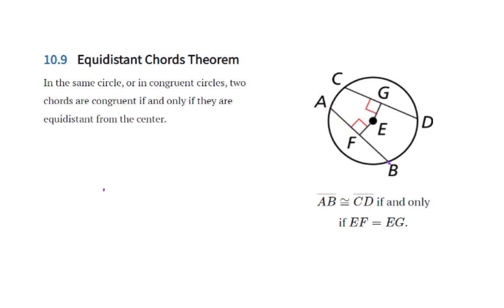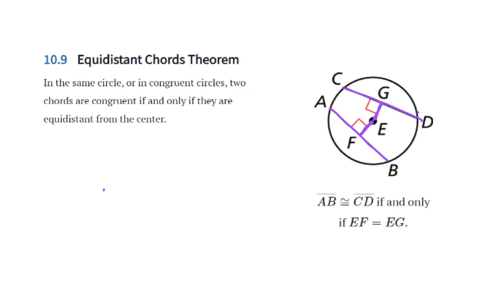Remember that there are lots of distances from that center to the chord. But if we're going to talk about specifically naming a distance from a point to a line, we talk about the perpendicular distance. What this theorem says is that if these 2 chords are congruent, then their perpendicular distance from the center has to be the same.